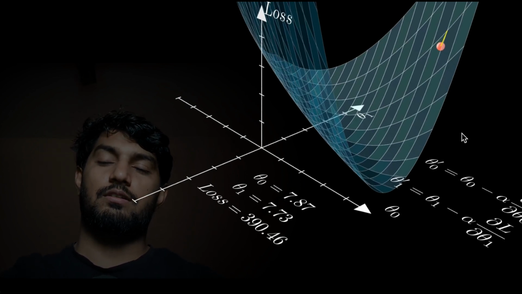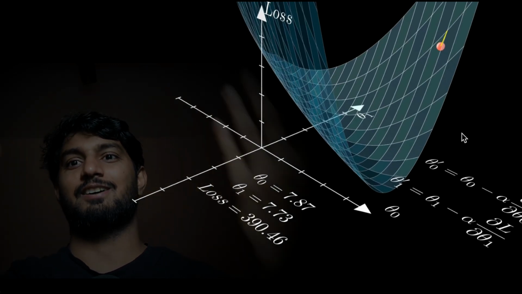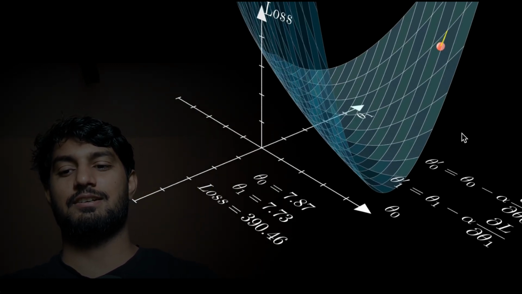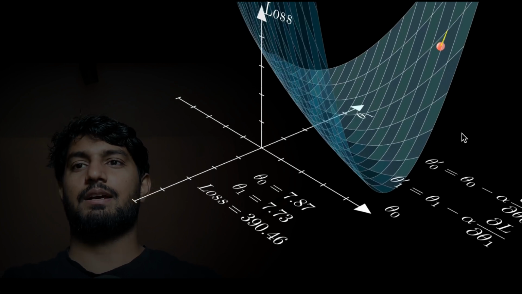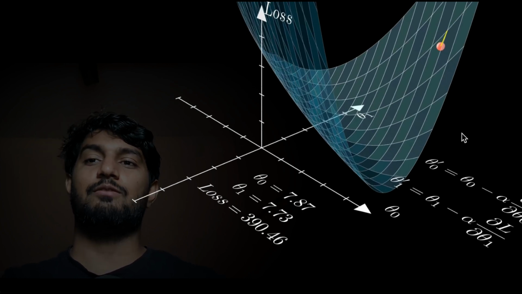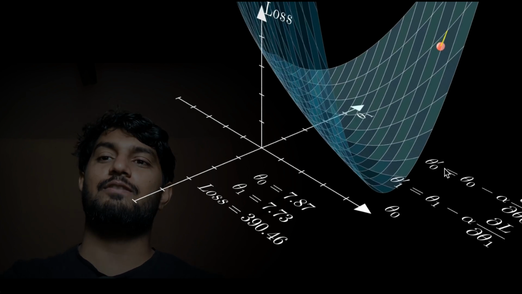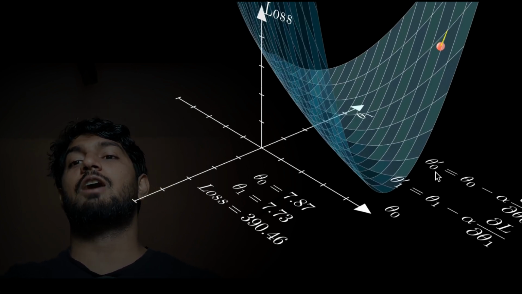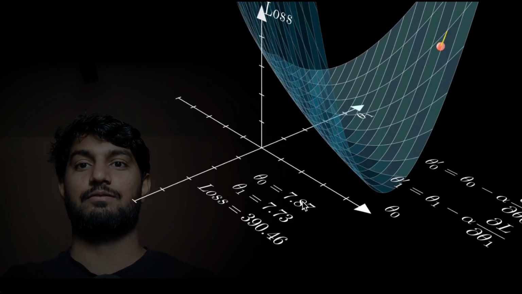Now the goal of the loss function is not to tell you how this curve looks. The goal is to use this scatter plot, you can say, to determine what the right theta values are, and that we have learned from the gradient descent formula. If I just find the loss for this point, I'll get 390 for this value.